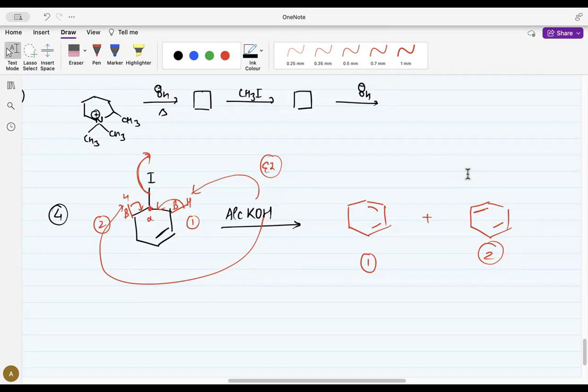Out of 1 and 2, which one is major? One is major or two is major?